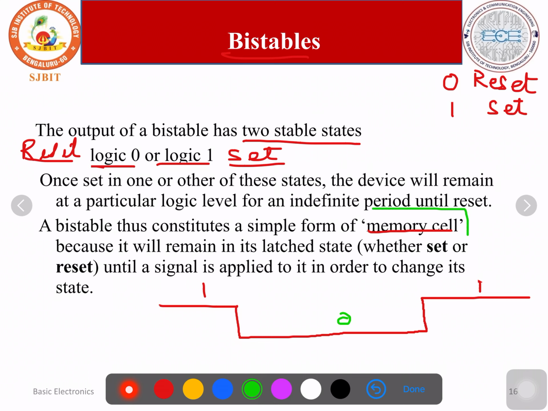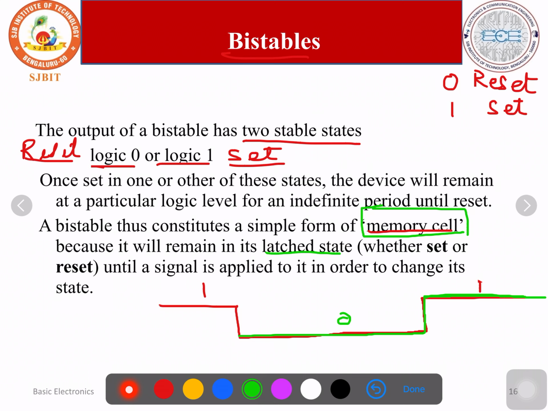The application of this bistable is that you can use it as a memory cell because it will remain in its latched state. What do you mean by latched? It will remain in the particular state unless you change the inputs to change the output. So it will be the stable state. It will be 0 only. If you change the inputs, definitely it will change the output and it will retain the same state until you change the inputs.